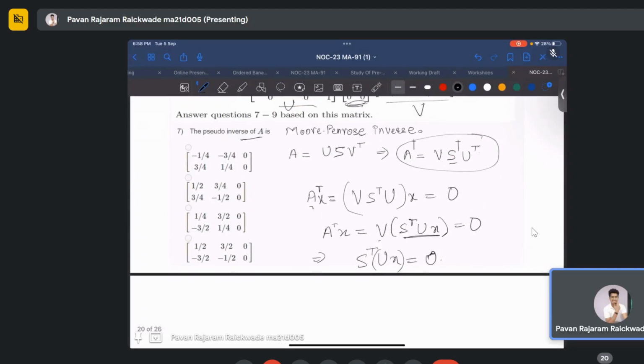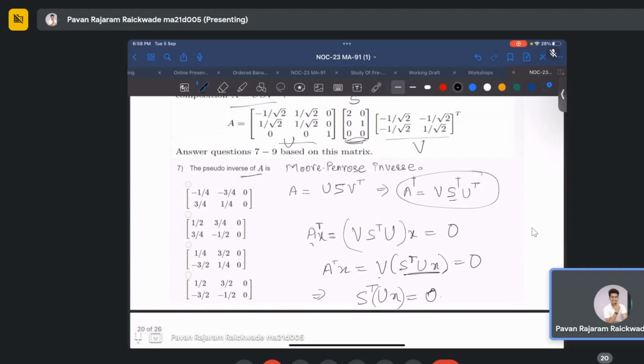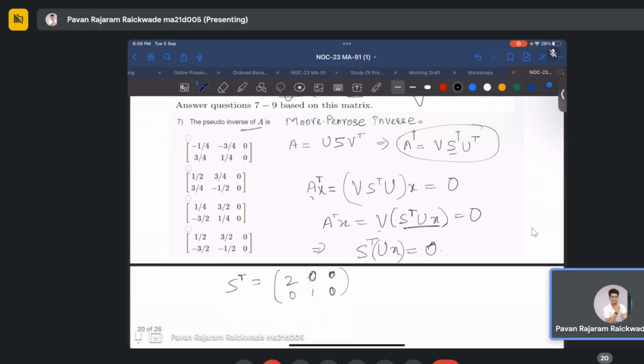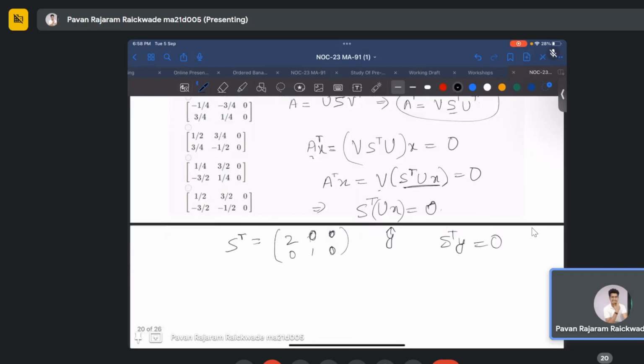Okay, now what? Now S transpose is 2, 0, 0, 1, then 0, 0. So take a vector, let's call it y, and you want to solve S transpose y equals 0. What condition should you have? y has to be in span of E3, because E3 is the only such vector.